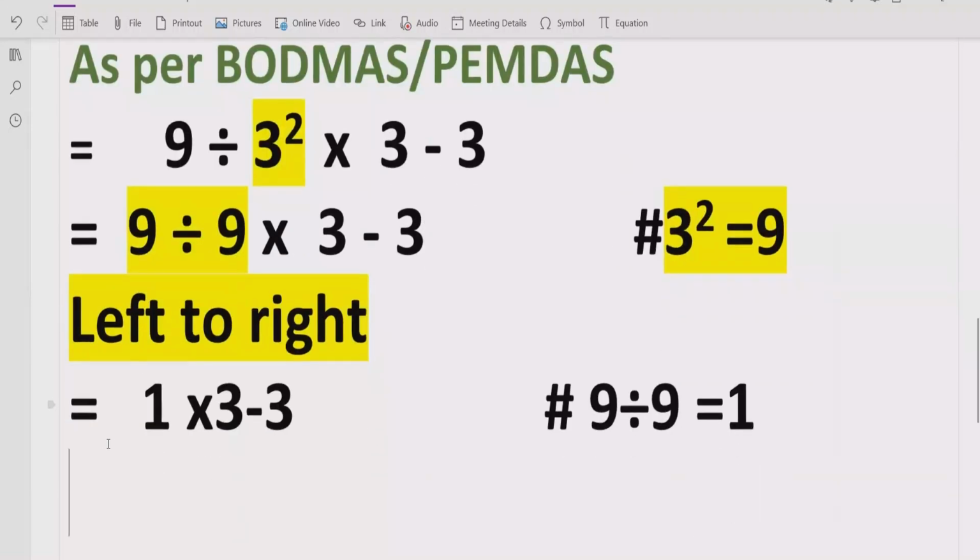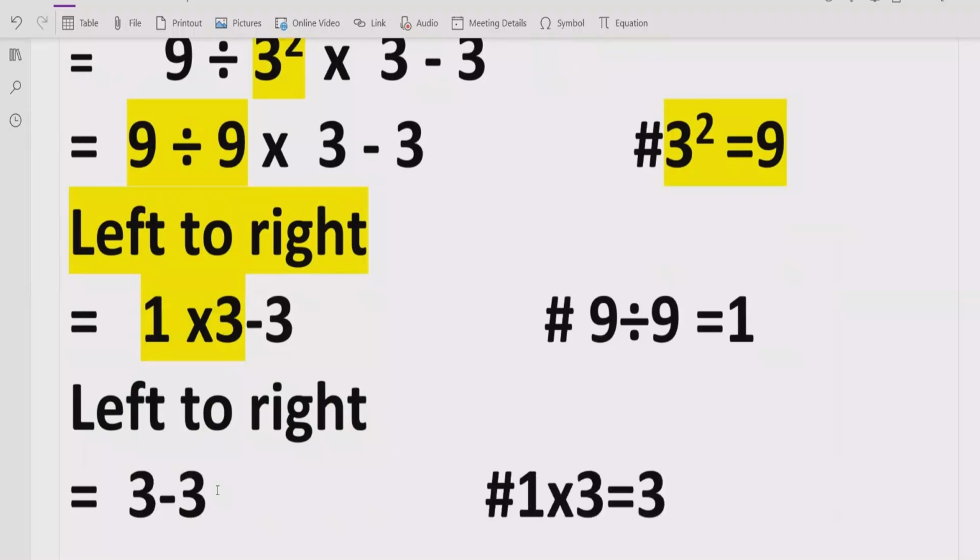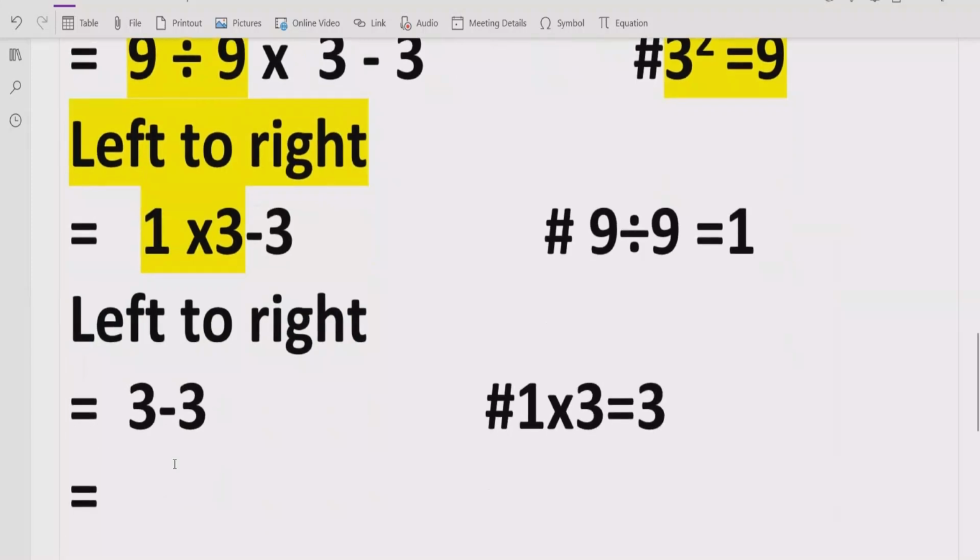Now again we will go left to right and here we have the multiplication. So here we have 1 times 3. So 3 minus 3 we will write, and again we will give the reference: 1 multiplied by 3 is equal to 3. In the end we have two terms which are subtracting each other, 3 minus 3.